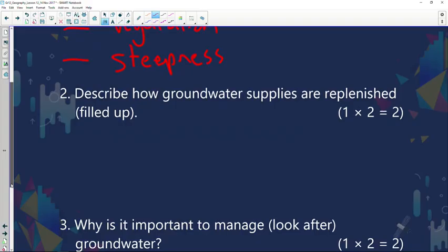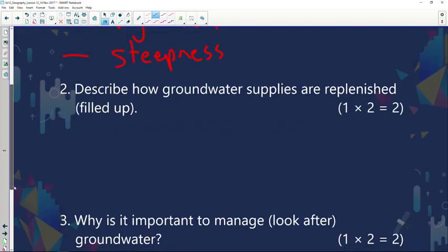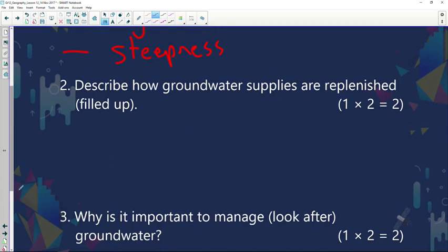Now, if you look at the next question, describe how groundwater supplies are replenished, filled up. Now, it's usually by precipitation. If an area receives more rainfall, the chances are that the groundwater is going to be filled up much quicker. So definitely our answer can be precipitation, rainfall.